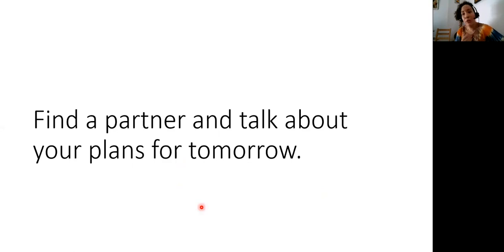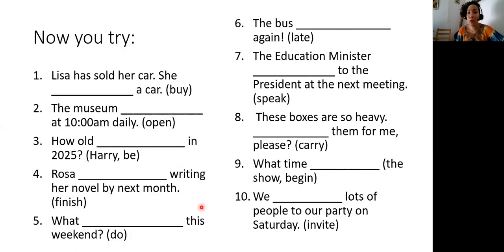I know you don't have a partner at home to talk about with, but if you do this, you can send me an audio on WhatsApp and tell me what your plans are for tomorrow, okay? So here you have some exercises, and this I'm going to send to you on a live worksheet, so you don't have to pause the video or do anything now, but just know that you have some homework related to this lesson, okay?